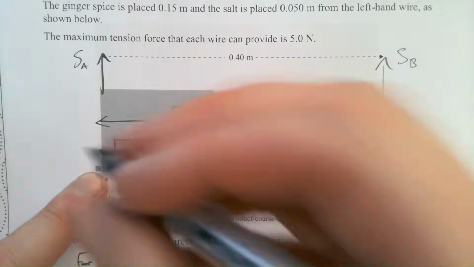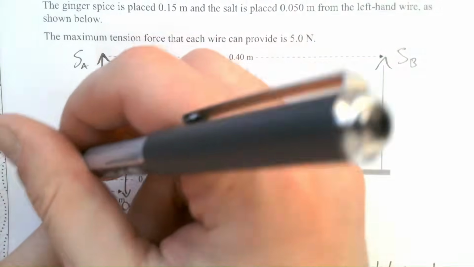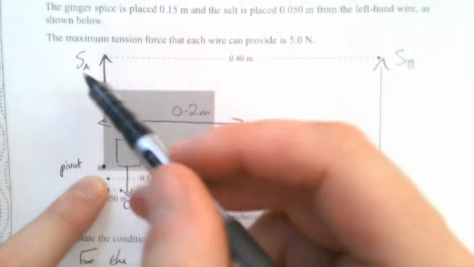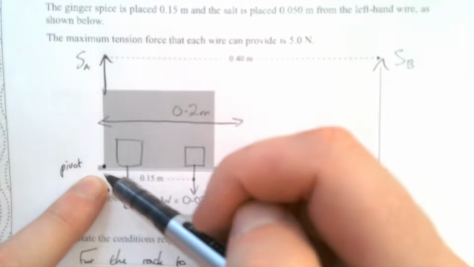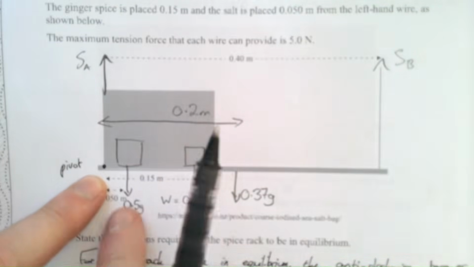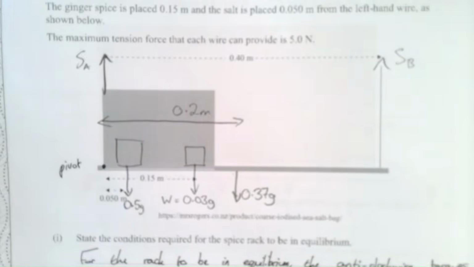So I'm going to say that this is my pivot point over here. Once I've set this as my pivot point, my SA is 0 meters away from it, and so its torque term vanishes, leaving us with lots of known forces and one unknown, SB. So we're going to be calculating for SB.